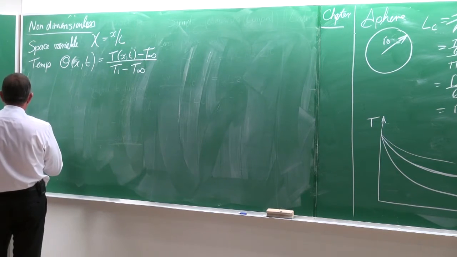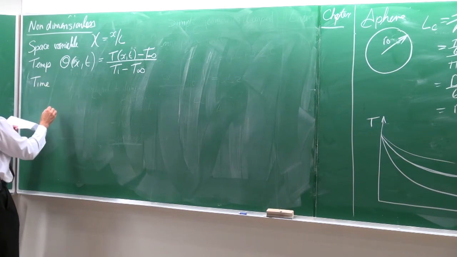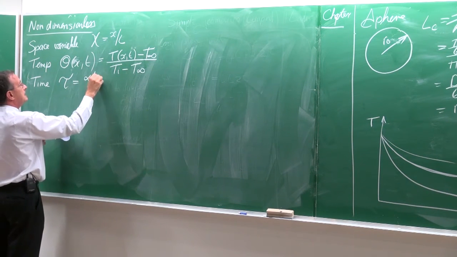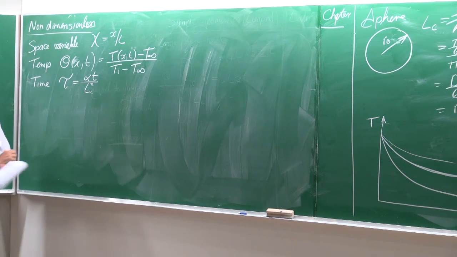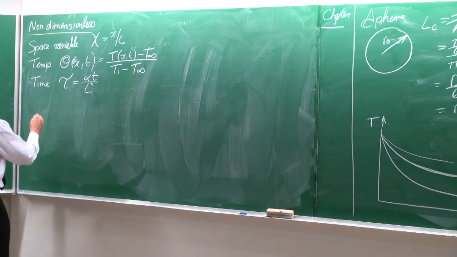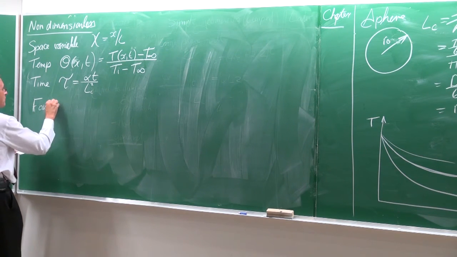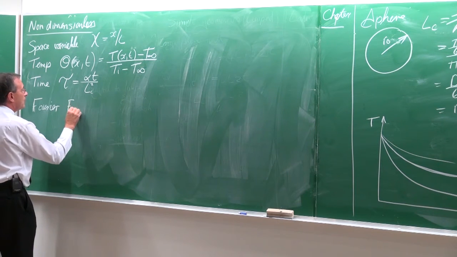Then, a non-dimensionalized time, tau, and that is equal to alpha t divided by L squared, actually characteristic length squared. It can be done in terms of tau, but it can also be done in terms of the Fourier number, Fo.